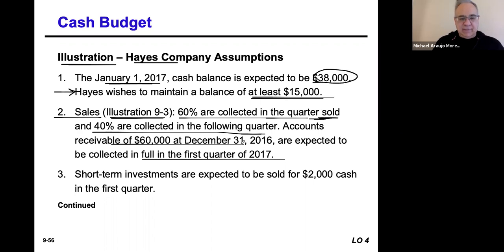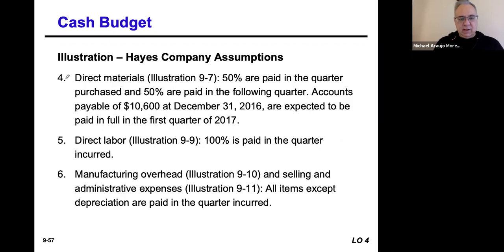So again, we're starting our budget on January the 1st. This is the leftover from the previous quarter. Short-term investments are expected to be sold for $2,000 cash in the first quarter. So they're going to be getting some additional money coming in the first quarter only.